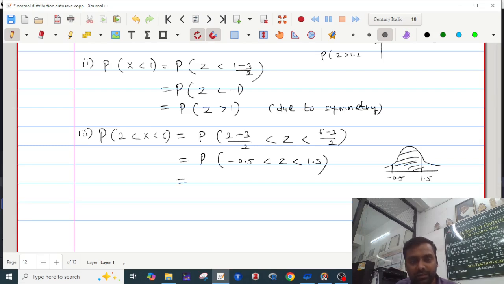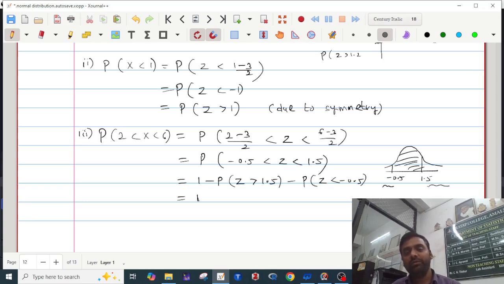So this probability is nothing but 1 minus probability of the remaining z greater than 1.5 minus probability of this remaining z less than minus 0.5. The probabilities available are for greater than, so here we have to convert. 1 minus probability of z greater than 1.5 minus probability of, due to symmetry, z less than minus 0.5, which is nothing but z greater than 0.5.